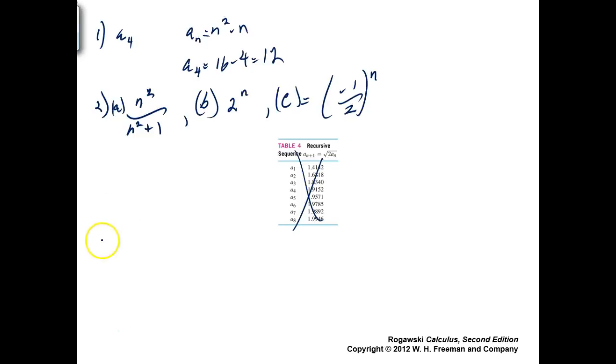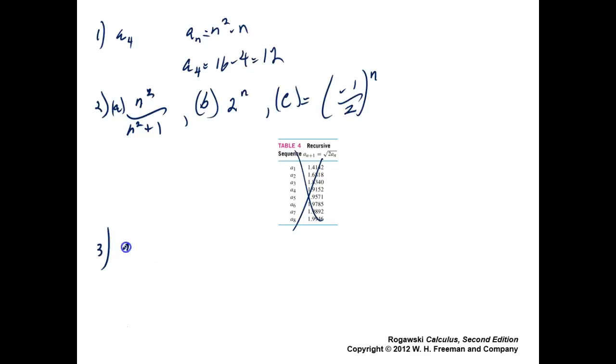Next, number 3. And by the way, the preliminary questions in general, either all or odds are in the back. This one, they are. A sub 4 was 12, number 2 was C, and now we're doing number 3. Let A sub n be the nth decimal approximation to the square root of 2. Okay?